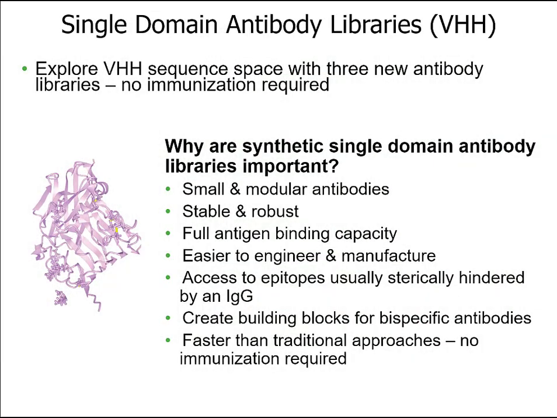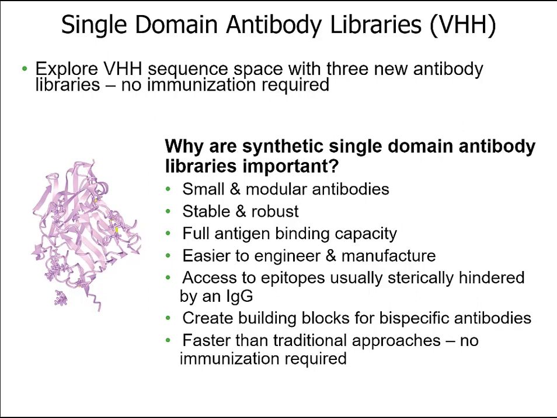So one of the types of libraries that we've built are single domain libraries or VHH libraries. Single domain libraries are really helpful in building bispecific antibodies, for example, because they're very small and modular and they can be used to attach on to other antibody sequences. They're very stable and robust. They retain full antigen binding capacity, much like a full-length antibody, but they're very easy to engineer and manufacture.